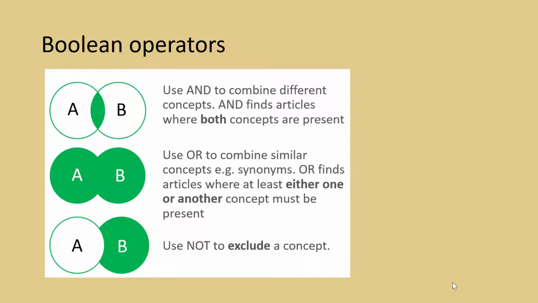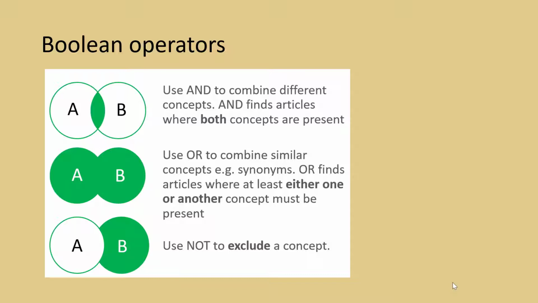If I use or, I can combine similar concepts. So the terminology that I've identified, I can use the word or to find articles where at least one or another of those terms is used. So for that example, I might use digital personal assistant or DPA or intelligent personal assistant or intelligent virtual assistant and so on.